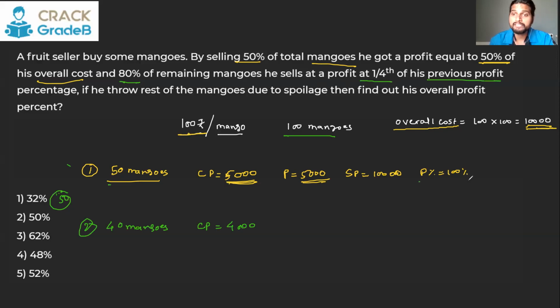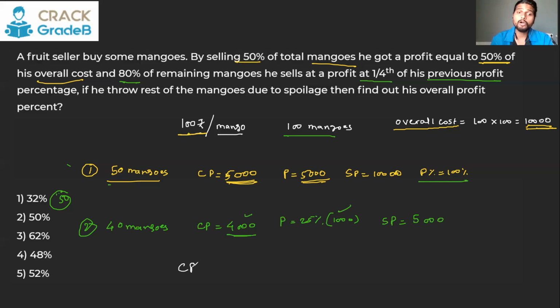So if previous profit percent was 100%, now he wants the profit 1/4 of it, that is 25%. So 25% of this is 1,000. So now he wants 1,000 rupees profit. So he'll sell it for cost price plus profit, that means 5,000. So he sells it for 5,000. And the remaining mangoes he threw.